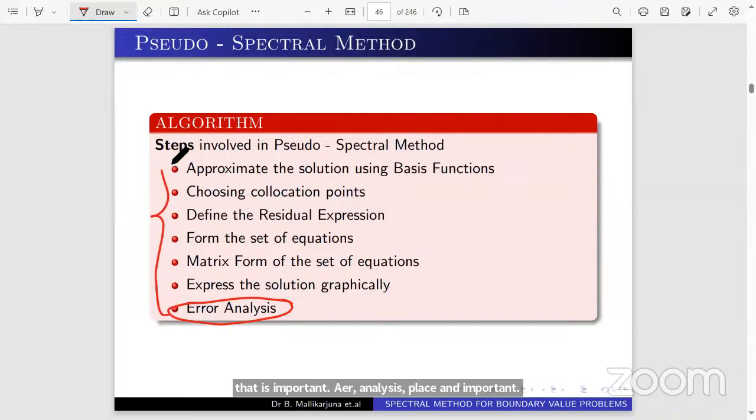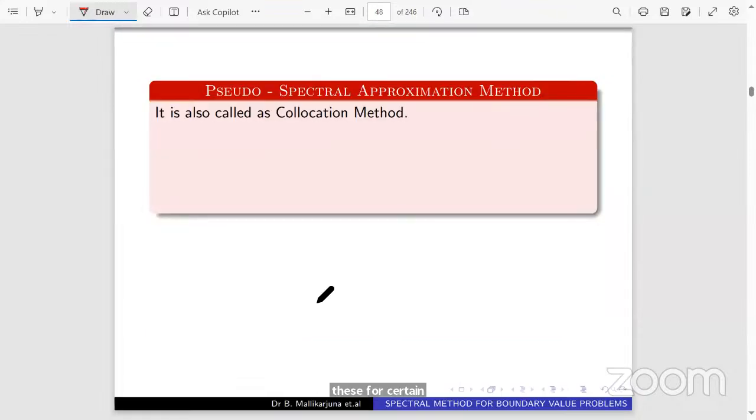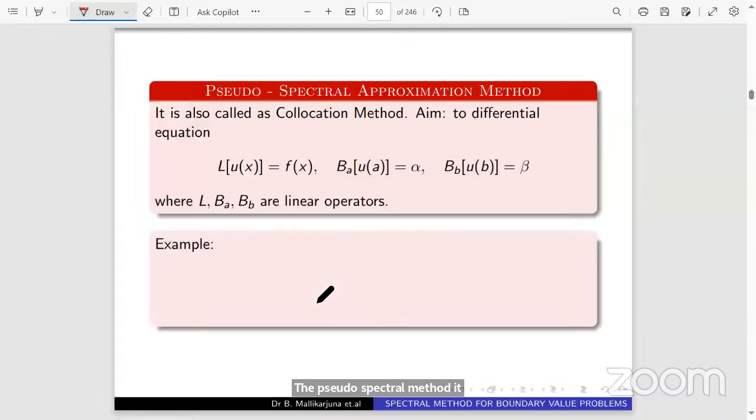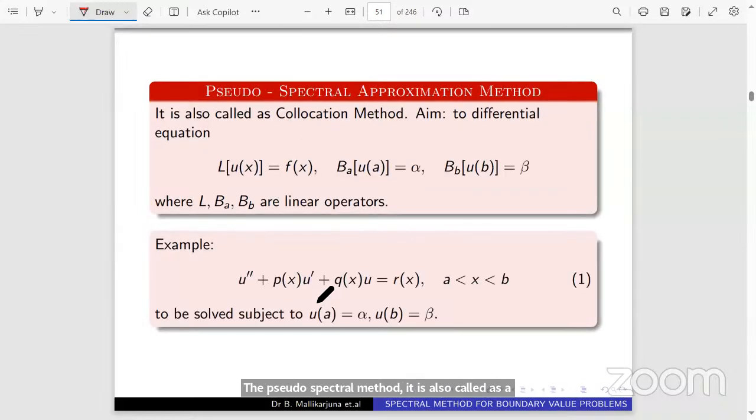Now let us see one by one how we are going to implement these for certain differential equations. The pseudo-spectral method is also called a collocation method, but the question is, what is the main aim of solving the differential equations?